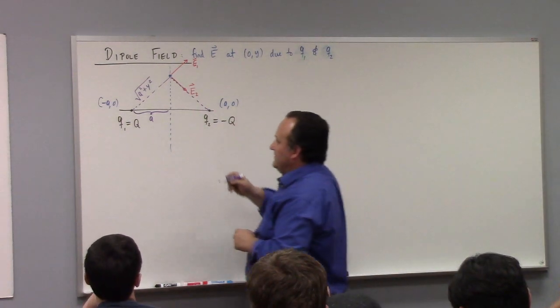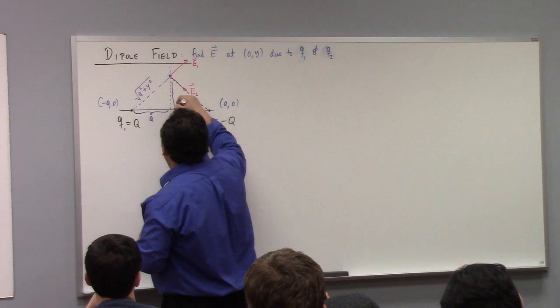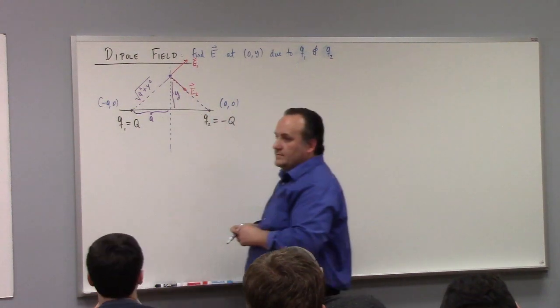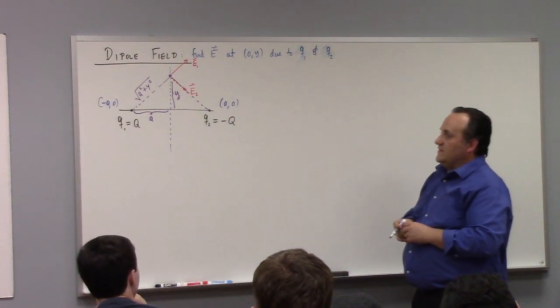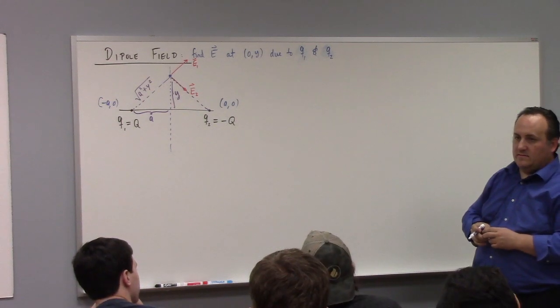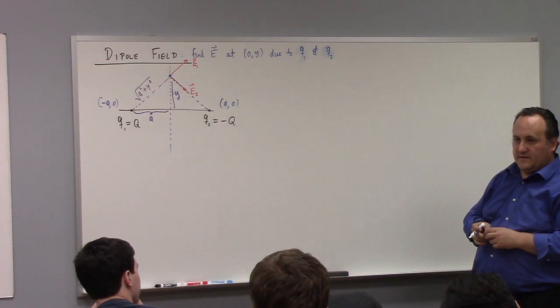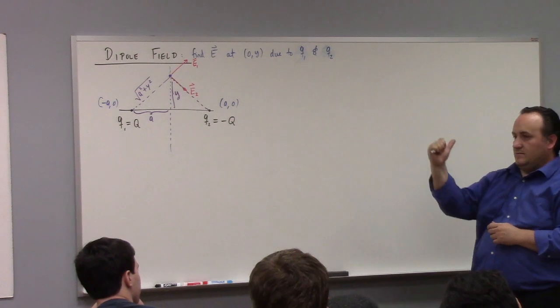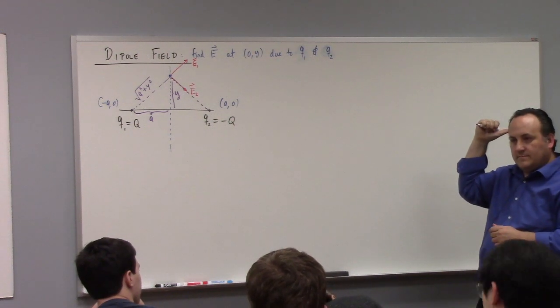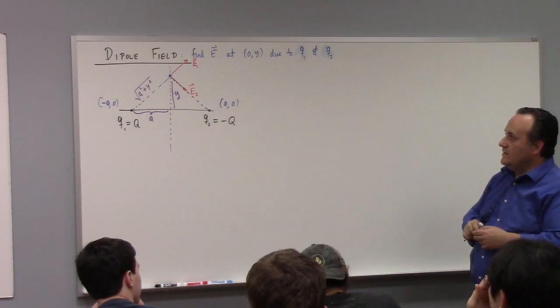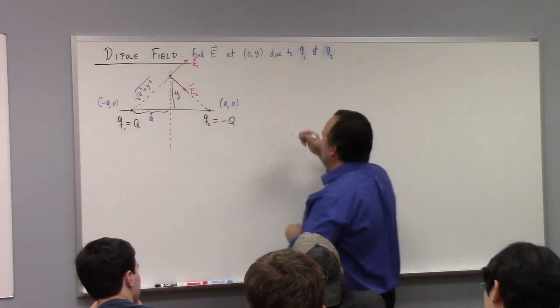And I'm thinking of y as positive, of course, right? So what I'm saying is that the vertical components cancel out, right? It looks like the electric field should be horizontal and to the right, right? So let's work it out.